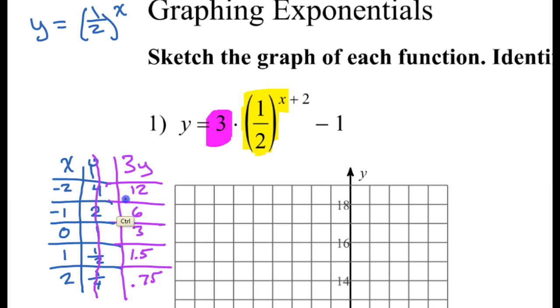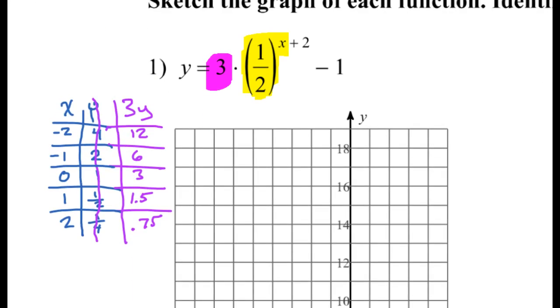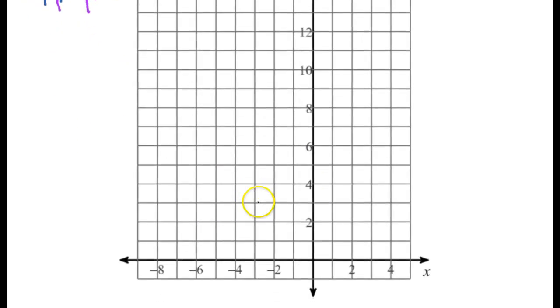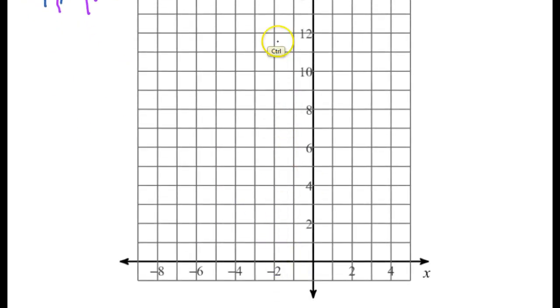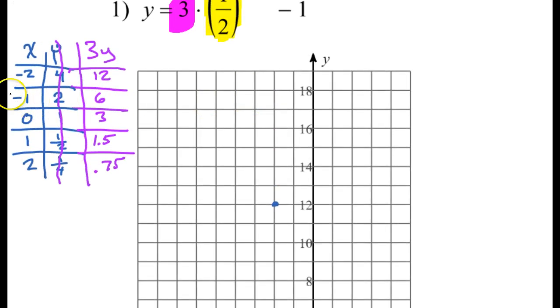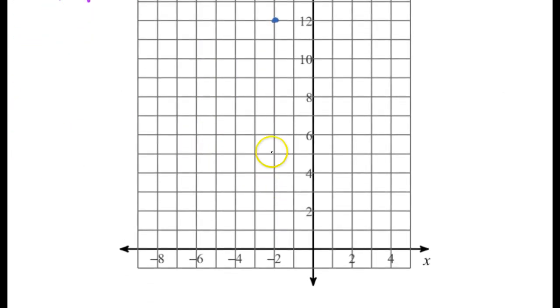So I'm going to plot these points right now. Okay, so I've got -2, 12. All right, so -2, 12 would be right here. And I've got -1, 6.